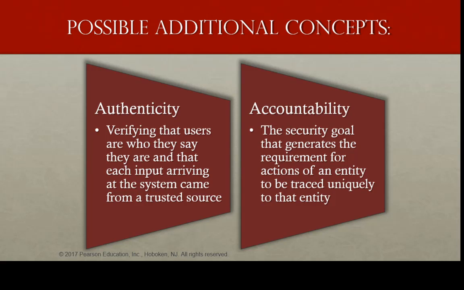Accountability, the security goal that generates the requirement for actions of an entity to be traced uniquely to that entity. This supports non-repudiation, deterrence, fault isolation, intrusion detection and prevention, and after-action recovery, and it even helps with legal actions.